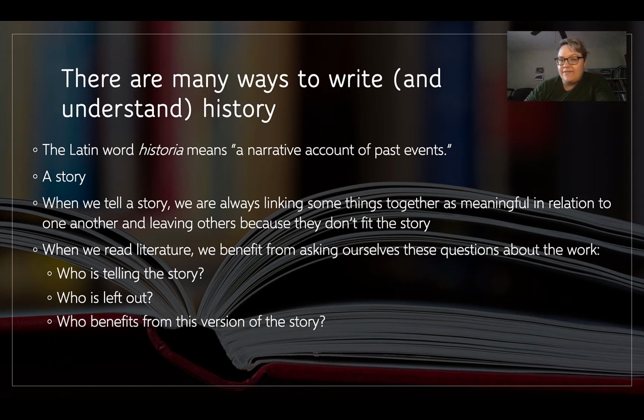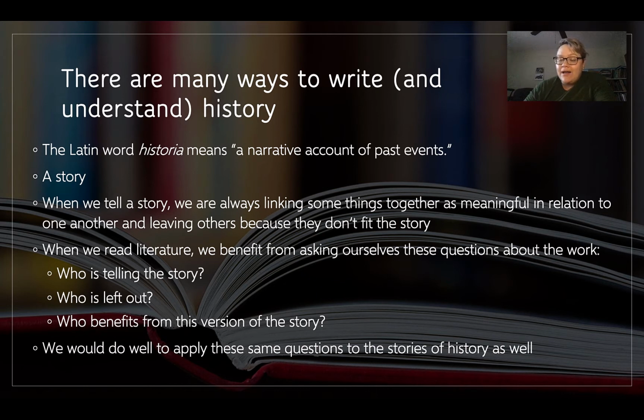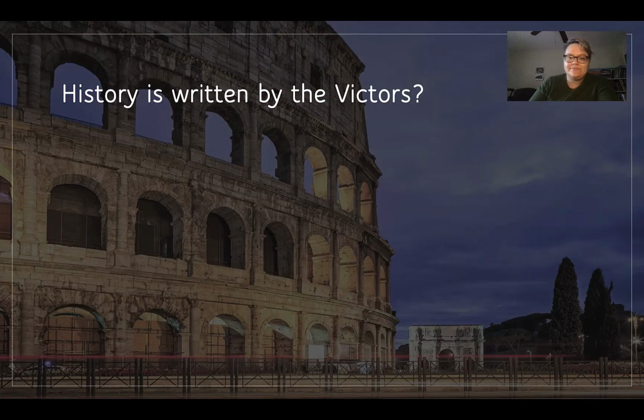And who benefits from this version of the story? But we would do well to apply these same questions to history also. Instead of thinking of history as some kind of objective account of the past, it is always told by someone. Someone usually gets left out, and someone usually benefits.